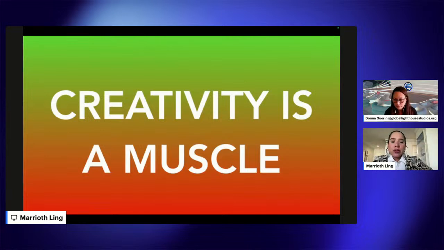You have to exercise your creativity, which means trying to do creative things every day if you are interested in art, to grow this muscle of creativity. If you are actively working to expand your creativity, the more creative you become.